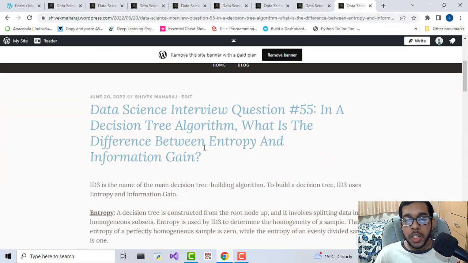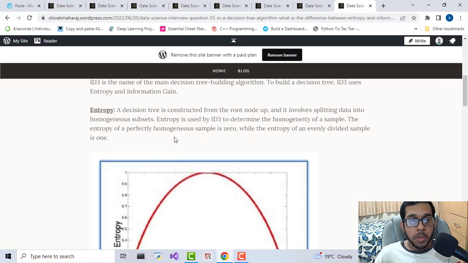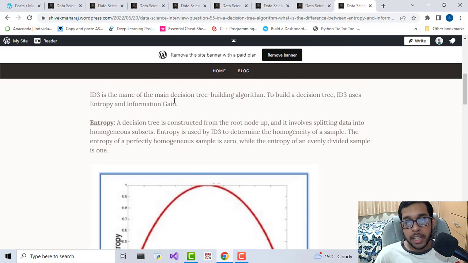Question 55. In a decision tree algorithm, what is the difference between entropy and information gain? ID3 is the name of the main decision tree building algorithm. To build a decision tree, ID3 uses entropy and information gain.